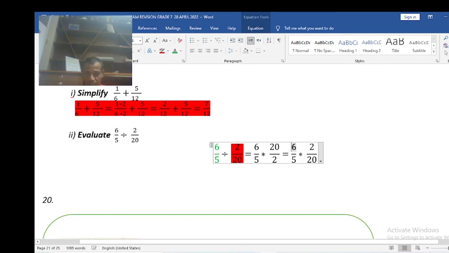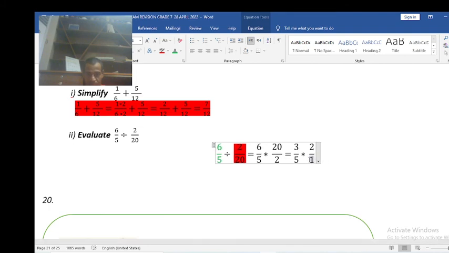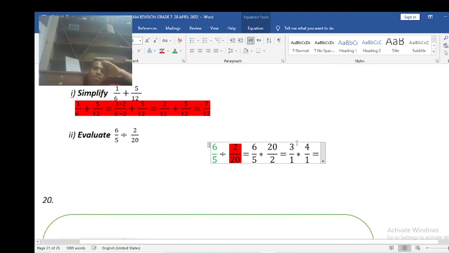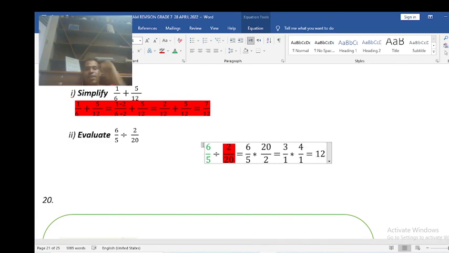There is only 1. I will cross this one. How many 2's in 6? There are 3. I will make 3. And how many 5's in 5? Only 1. And how many 5's in 20? It is 4. So the answer is just multiplying the numerators, then multiplying the denominators. It will be 3 multiplied by 4, 12. 12 divided by 1 is 12. The correct answer is that. Clear? Okay.